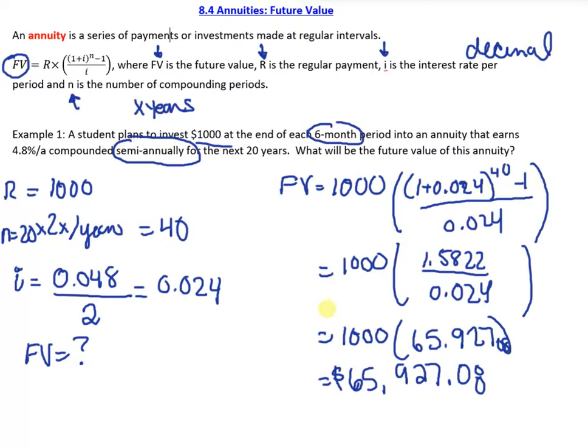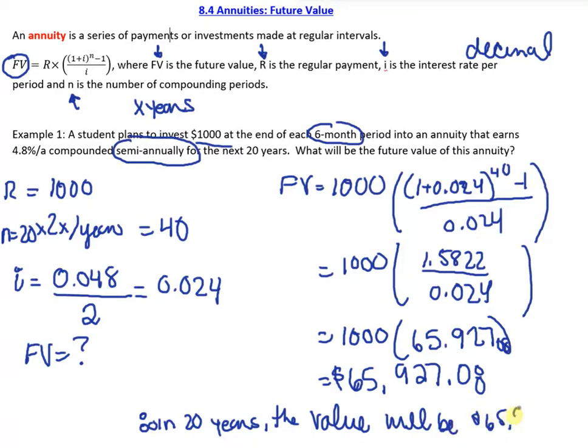Therefore, in 20 years, if this person continues to invest $1,000 per period, the value will be $65,927.08. And again, that's assuming that nothing changes the percentage, like the interest.